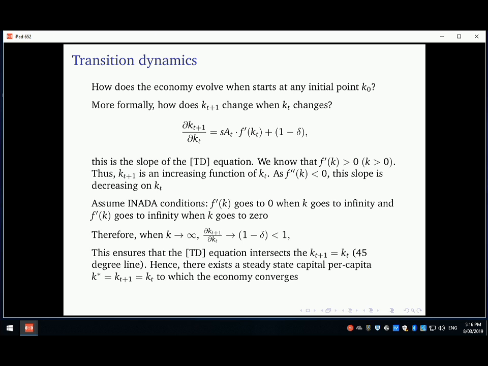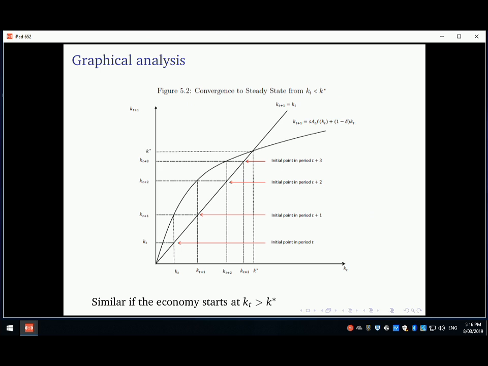We put one machine, and the productivity of that machine is huge because there are so many people that can help operate it. That is essentially the Inada conditions. Again, this is technical, formal. If you're interested, you can take a look. We can discuss that later. But now, this graphical analysis is exactly the same as what I already did with the pen.